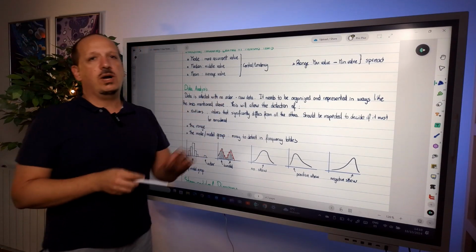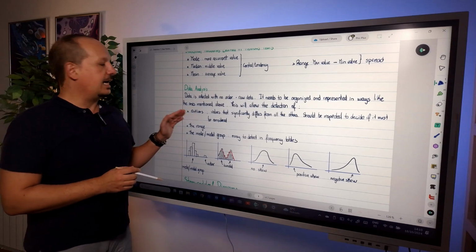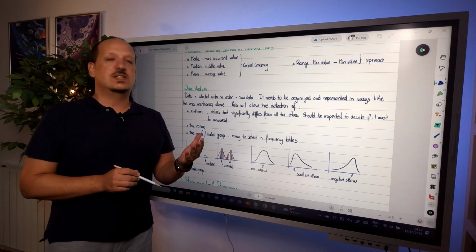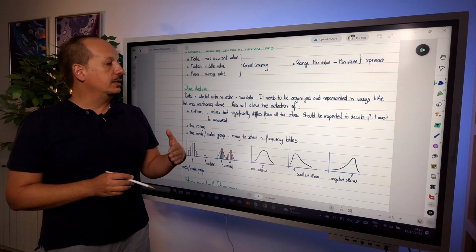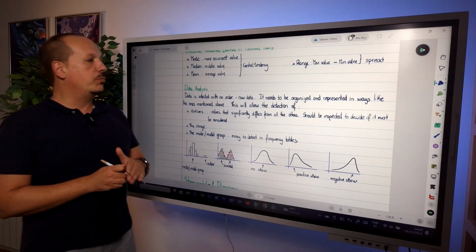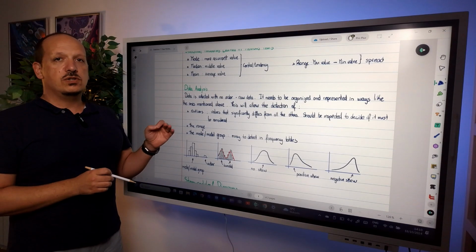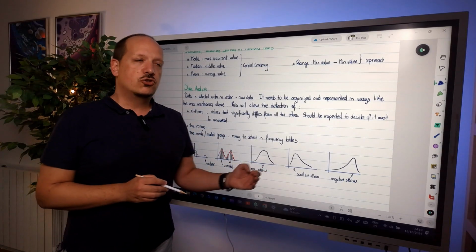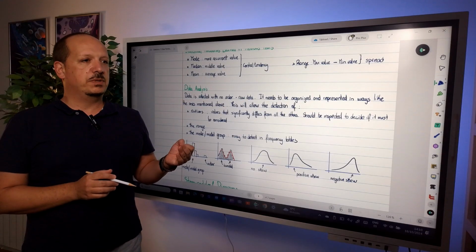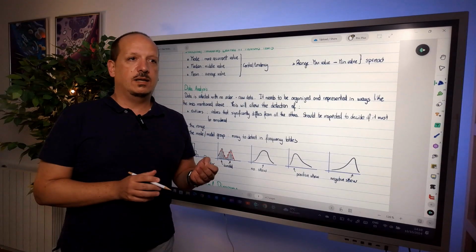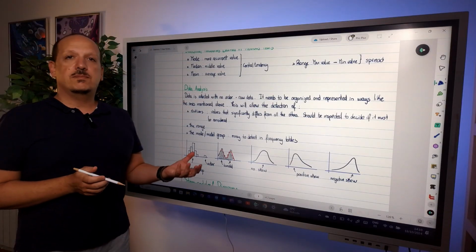And once you have the raw data organized, things like outliers are much more visible. What are outliers? Outliers are values that significantly differ from all the others. If you have such values, you should inspect them, try to figure out if these pieces of data were collected because of some flaw in the process by which you collected the data, or if not.